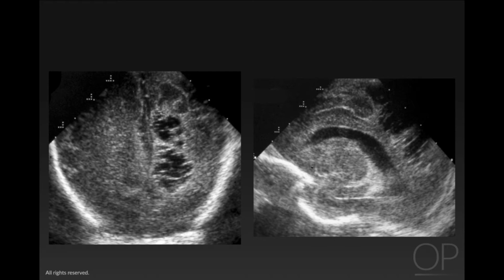In another example, we have an infant who had a complex cystic lesion in the white matter that was very peripheral, posterior, parietal, and occipital. Using the anterior fontanelle on these two views, we could not determine the extent of the lesion and, in fact, if the lesion was all intraparenchymal or included an extraaxial component.